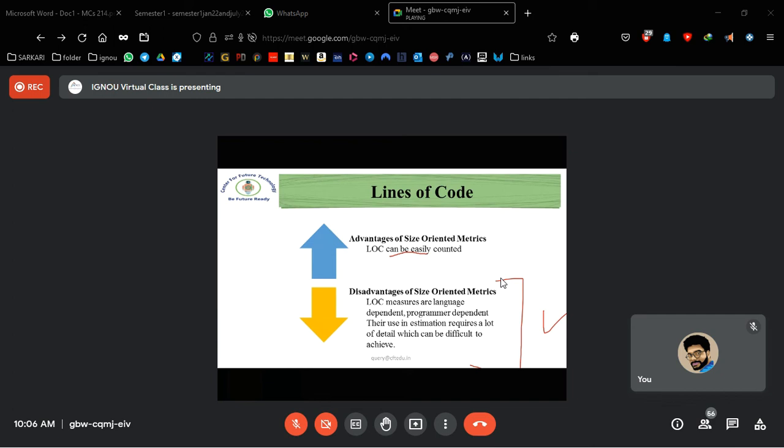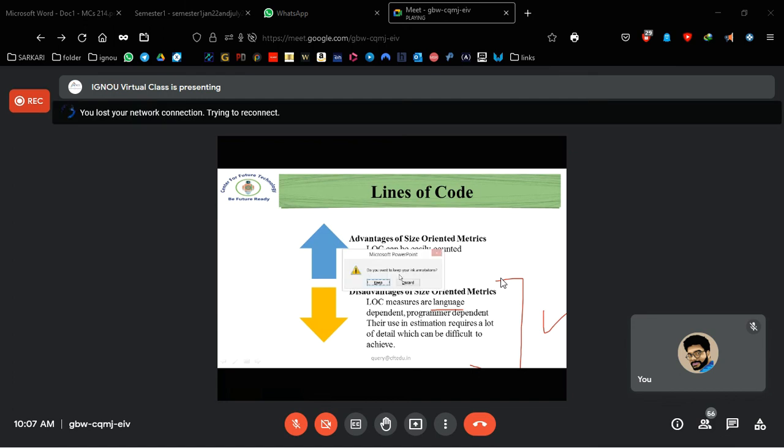Like in Python, we need a single line of code for the starting of the thing, while in C and C++, we have to write 4 to 5 lines of code for swapping of numbers. Because things are language defined, this is the biggest disadvantage in this context.